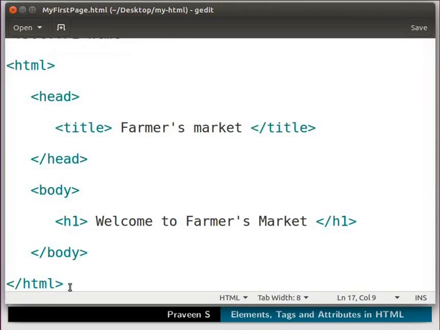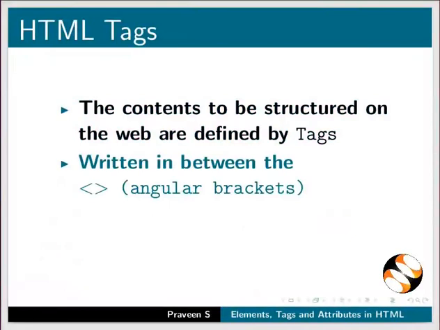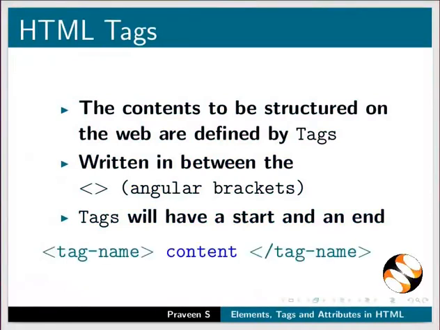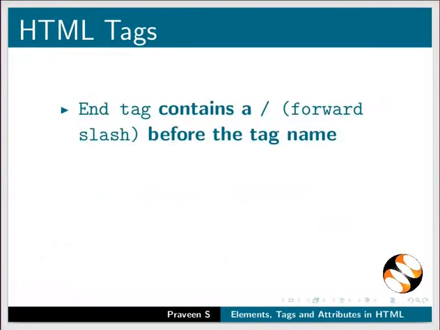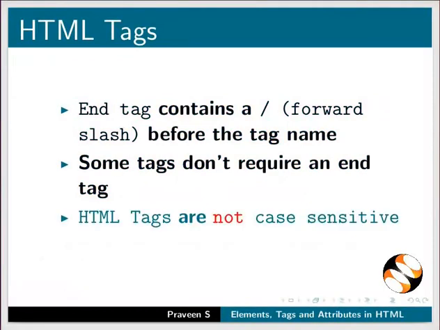Next, we will learn about tags. The contents to be structured on the web are defined by tags. Tags are written in between angular brackets. Most of the tags will have a start and an end. Syntax of a tag is tag name within angular brackets followed by the content and ending with / tag name within angular brackets.